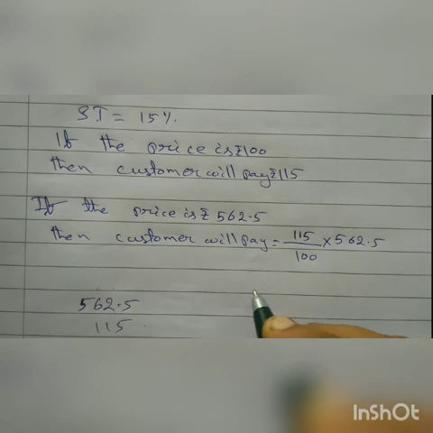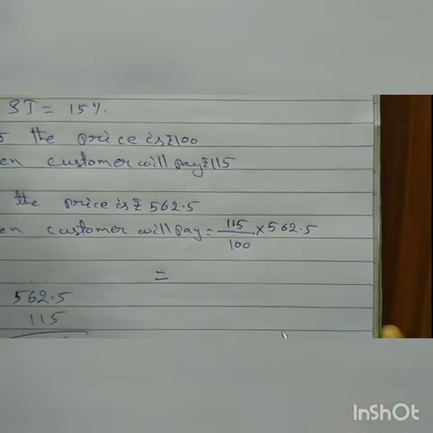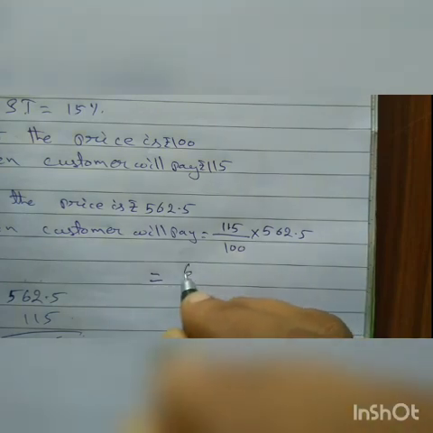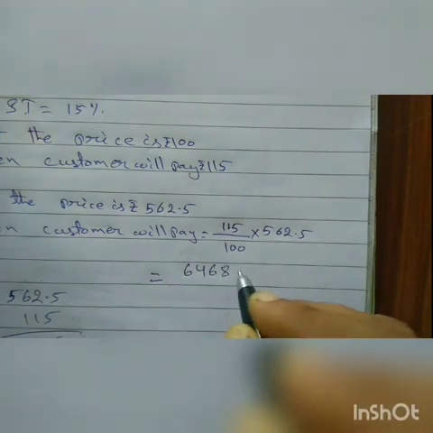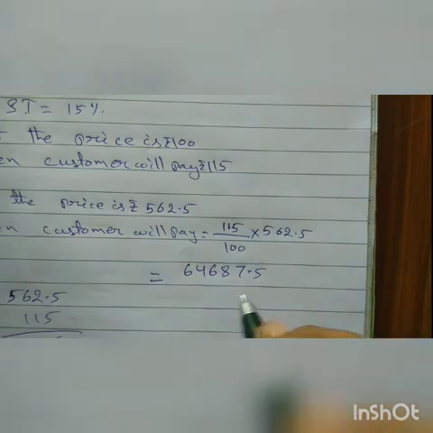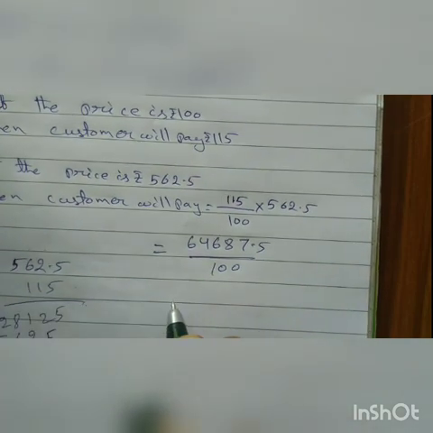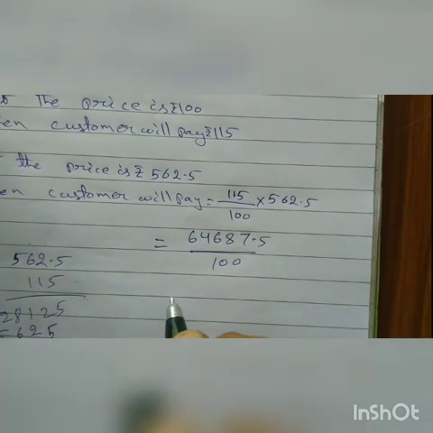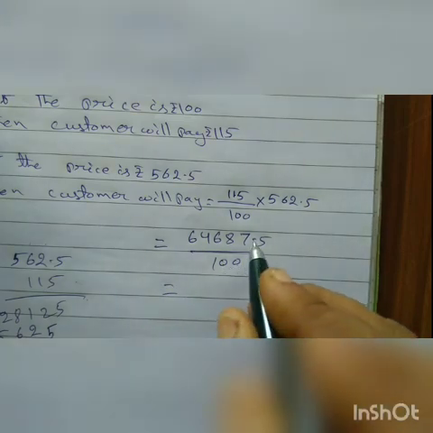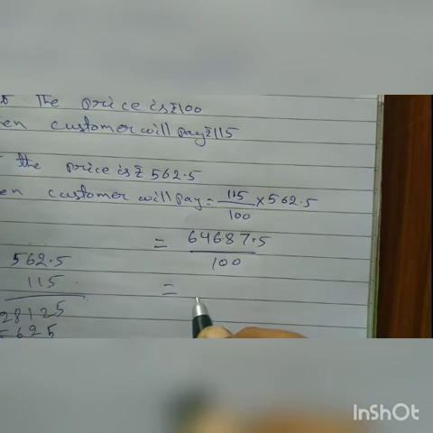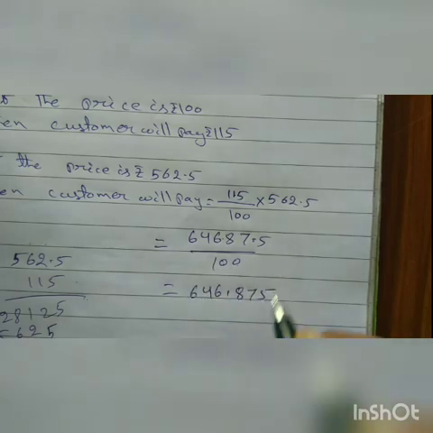So it will be 64687.5 by 100. By 100 means the decimal will move to the left side. So 646.875.